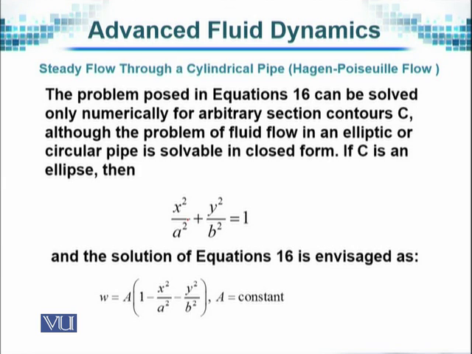That is the standard equation of an ellipse. So taking that into consideration and the solution of equation 16, we will obtain that W is equal to A into 1 minus x square over a square minus y square over b square, where A is some constant that has to be determined.